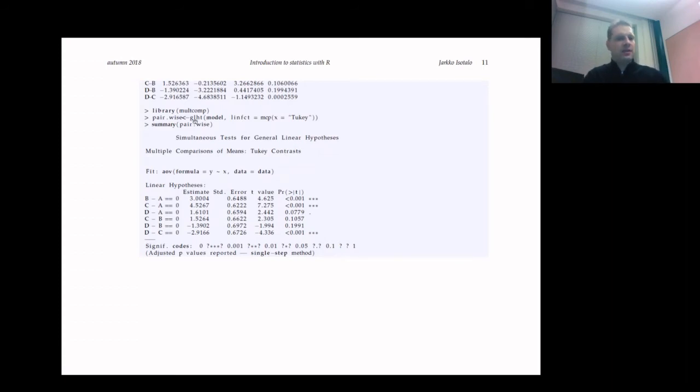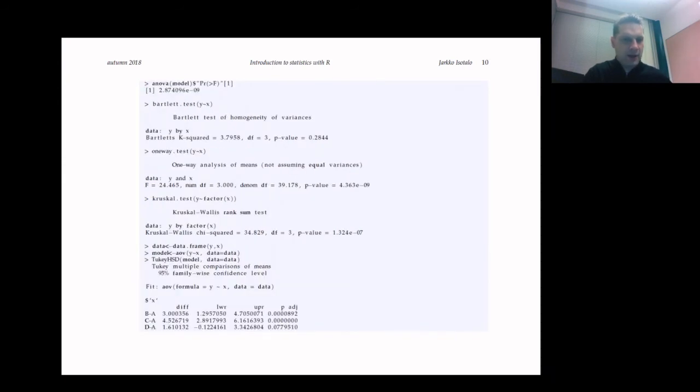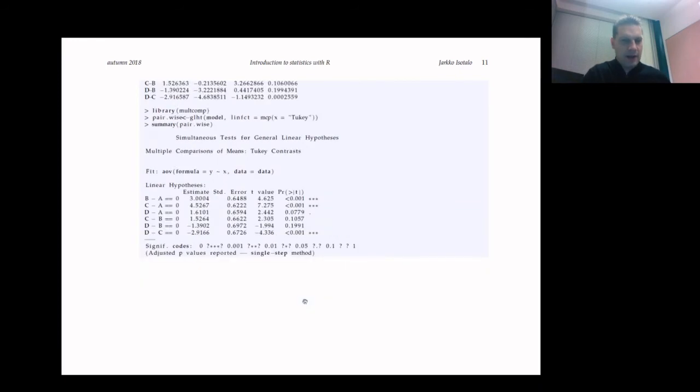What is done here using this glht function, we get this sort of result again, the p-values, which are actually the same values as in the case of the Tukey HSD function, but there's a slight difference which is just coming from the fact that when we are doing this sort of numerical calculation, there always come these rounding problems and so on.